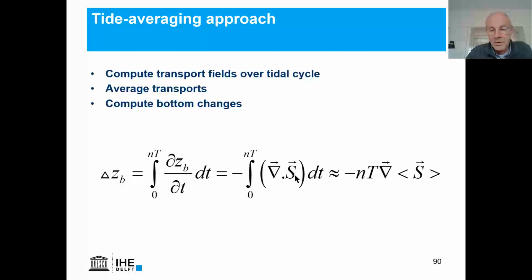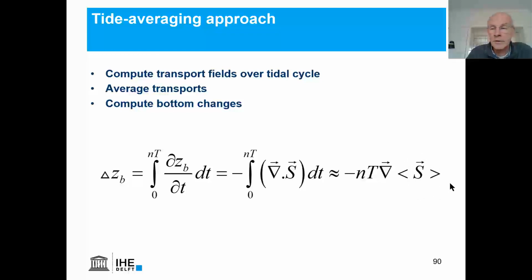Now, the major approximation that we make in this tide averaging approach is that we ignore the change of the sediment transport because of the bottom changes within that tidal cycle. We do take into account the variation of the transport with the tide, but we average over that. So what we get then is N times the tidal period times the gradient of the average transport.